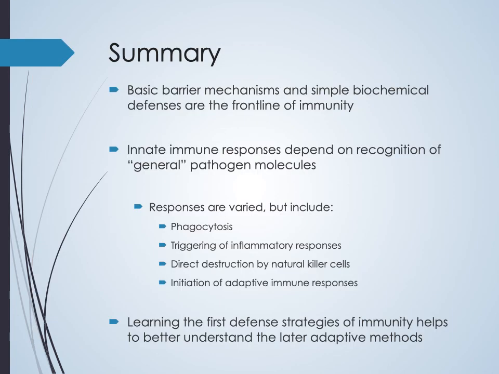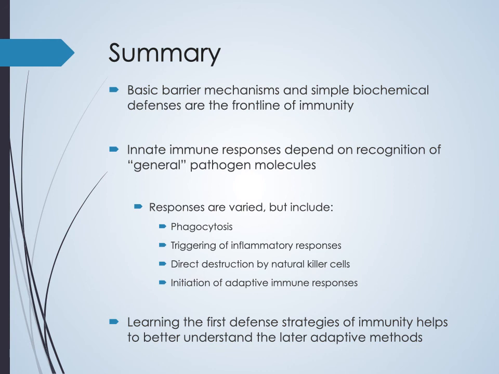So to summarize this chapter, we want to keep in mind that we have basic barrier mechanisms, both physical and chemical, that are the frontline defense of immunity. And so that is our first line.